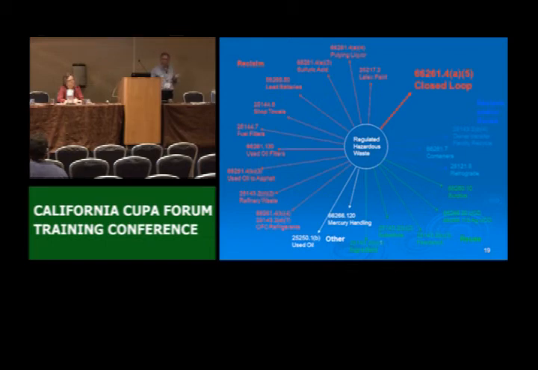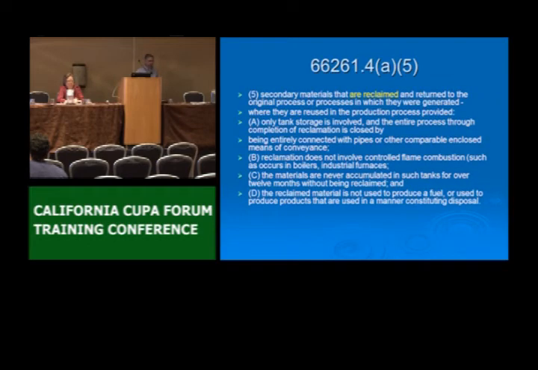So there's an exclusion in regulation that EPA adopted, and then there's an exclusion in statute in California. So you have two provisions that apply to closed loop. The first one we're going to look at is the regulation. In California, it's in 66261.4(a)(5).